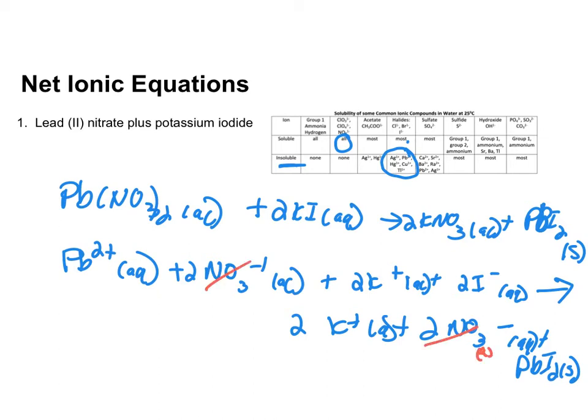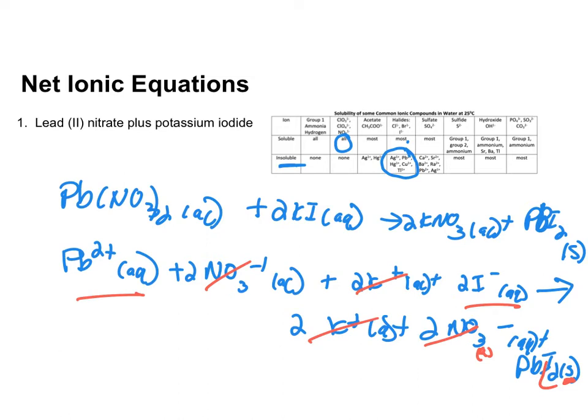I cross it out. Here's my potassium ion in aqueous solution on the reactant side. My potassium ion in aqueous solution on the product side. I cross it out. Remember, the iodine formed part of that solid precipitate, even though the lead and the iodine started as aqueous solution. As a result of that double replacement reaction, they precipitated out as a solid.